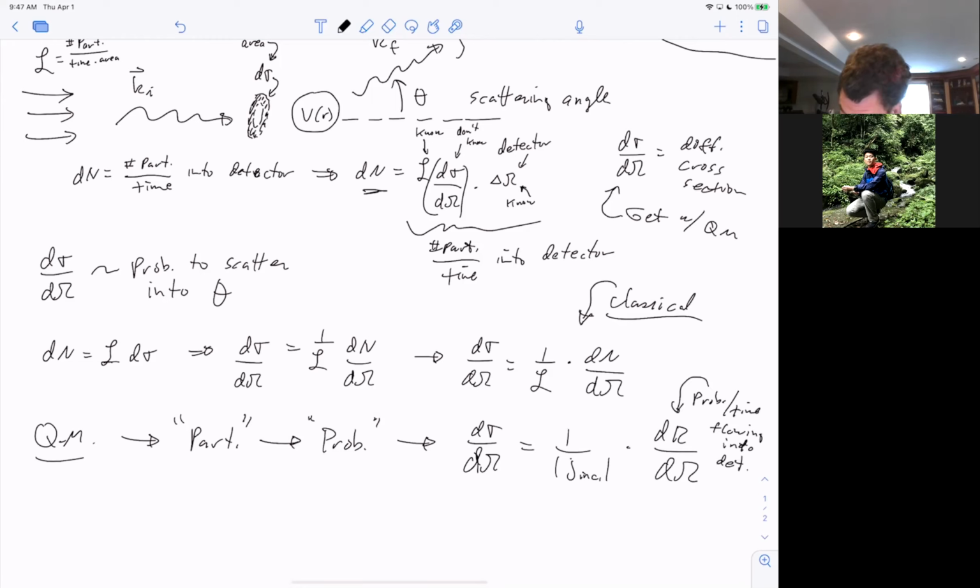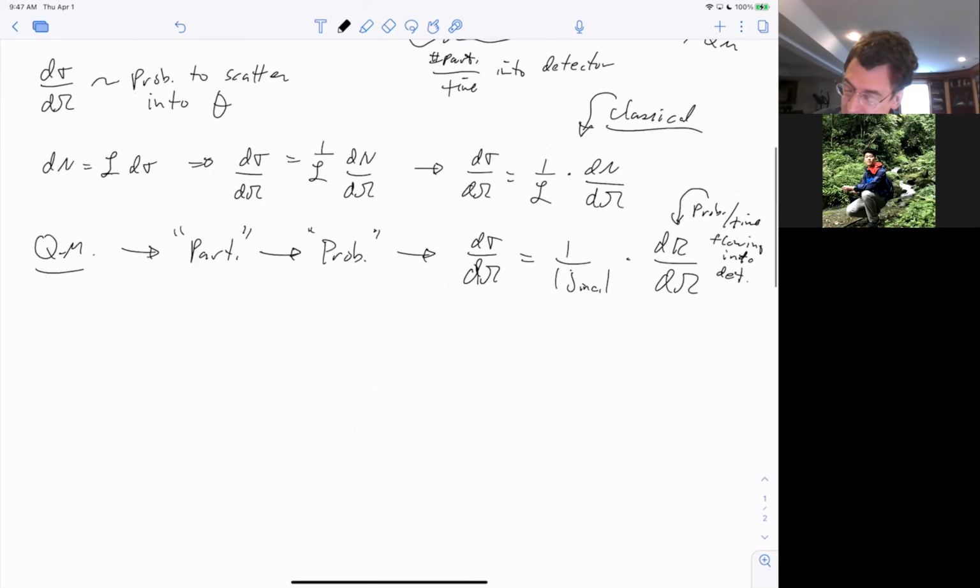That's what dR is. And so that's the quantum mechanical expression for the differential cross section that determines how particles scatter from a potential into some angle. And it's a function of the scattering angle.